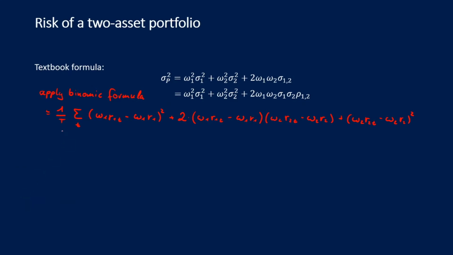I'm now going to distribute the 1 divided by t and the sum sign to all those individual parts, to all those 3 individual parts. So we have 1 divided by t and the sum across all t and the first part of the formula.